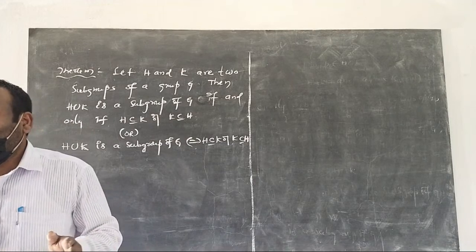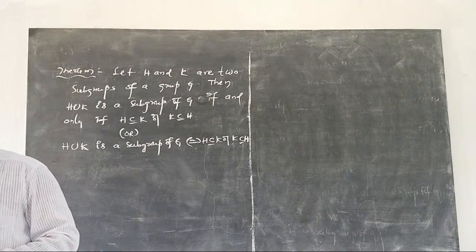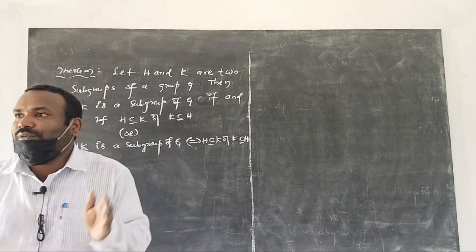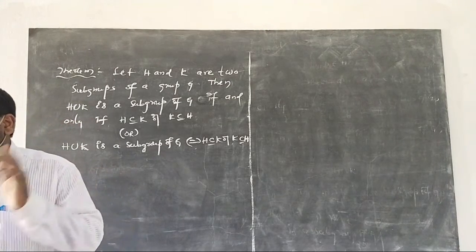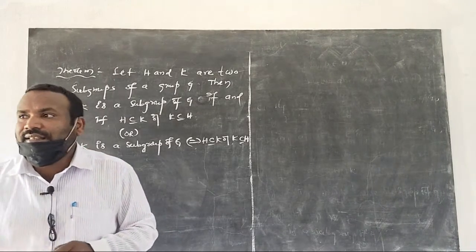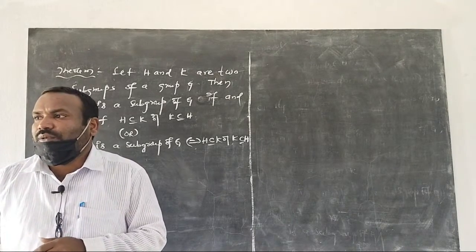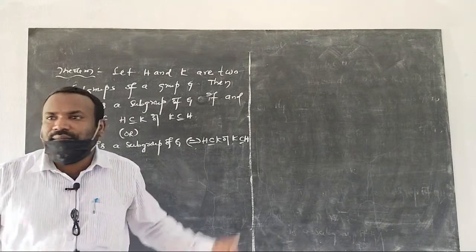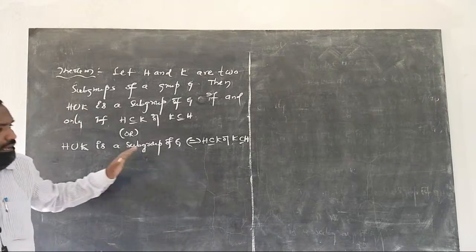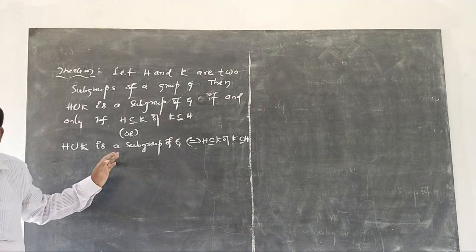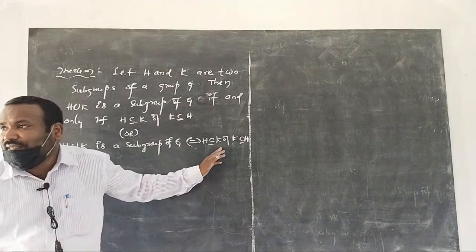There is no restriction. If you take two subgroups, their intersection is also a subgroup. But here there is a restriction. Union of two subgroups is a subgroup if this condition is satisfied.